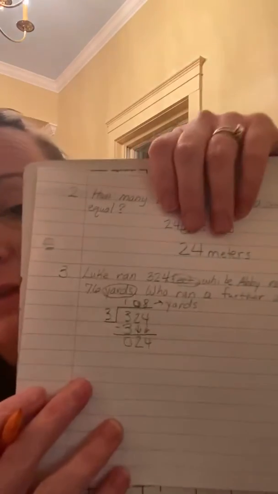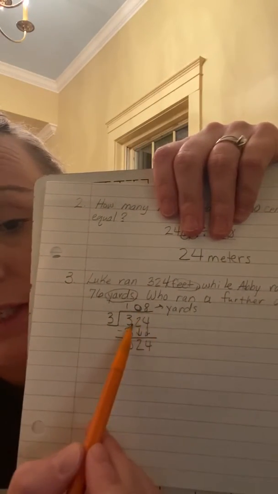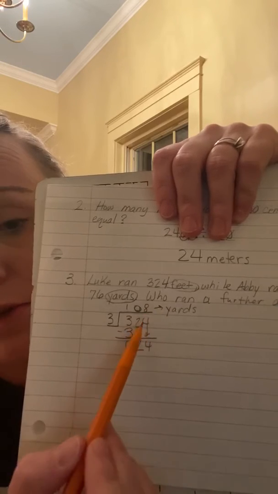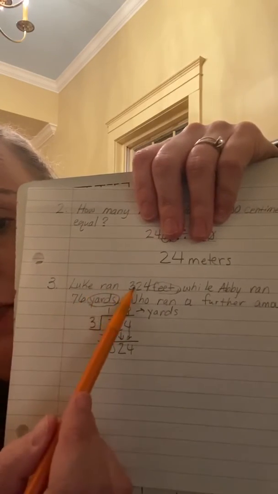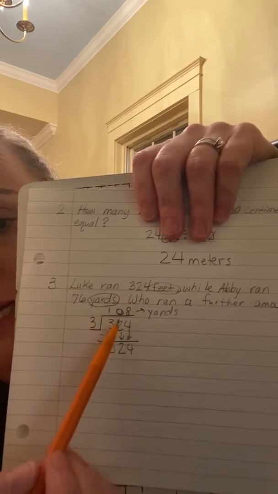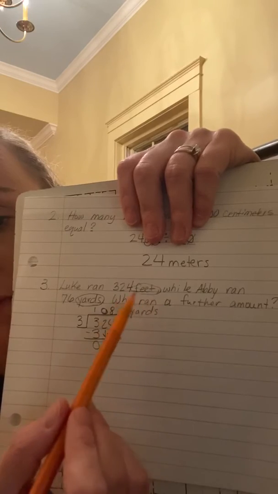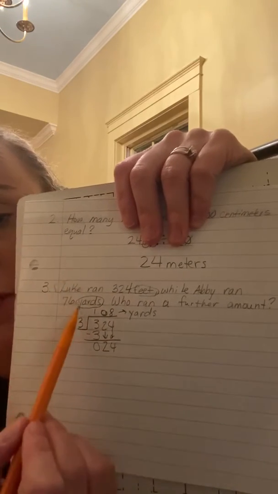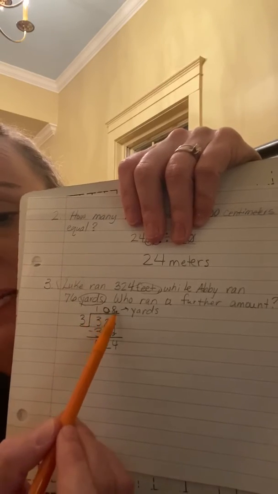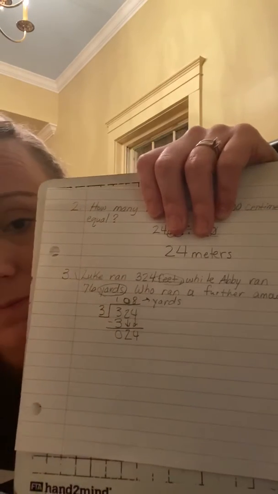So, knowing this information, if this is 108 yards and 324 feet, those are the equivalent. Abby ran 76. Luke ran 108 yards. Who ran the furthest? Then we have to know that Luke ran the furthest because he actually ran the equivalent of 108 yards. She only ran 76 yards.